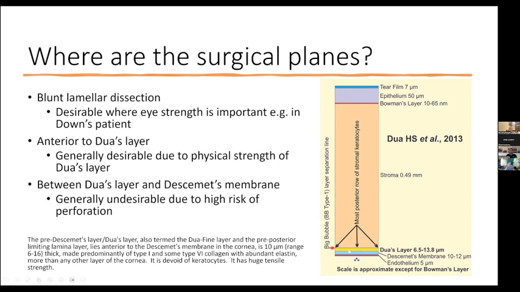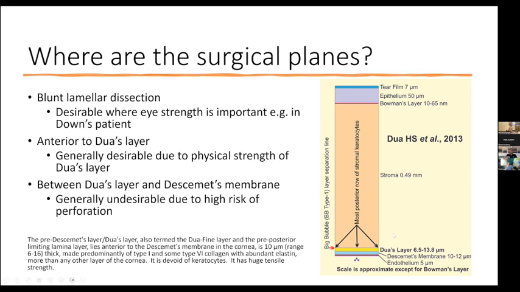And right down to here, this is still part of the stroma. Right down here is Dua's layer, approximately 10 microns, between 6.5 and 13.8 microns. This is of huge importance to DALK surgery. And beyond that, you have Descemet's membrane carrying a monolayer of endothelium.